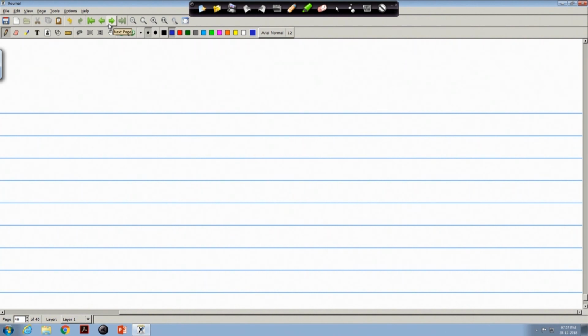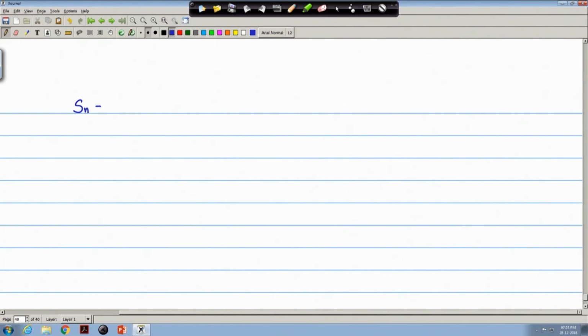Now, already we have seen that Sn equal to 2 Sn minus 1.